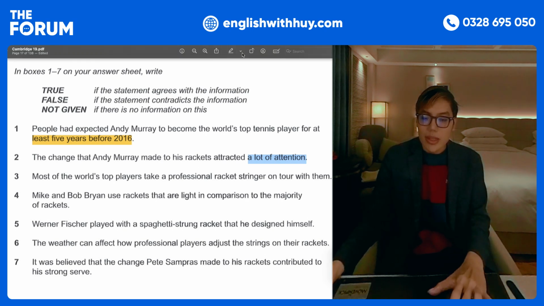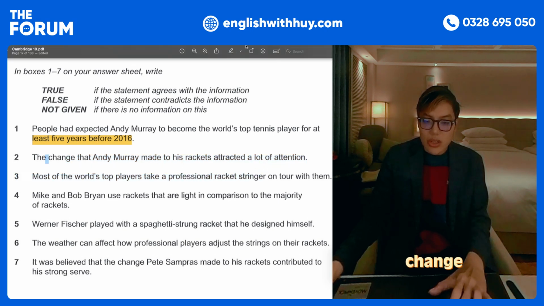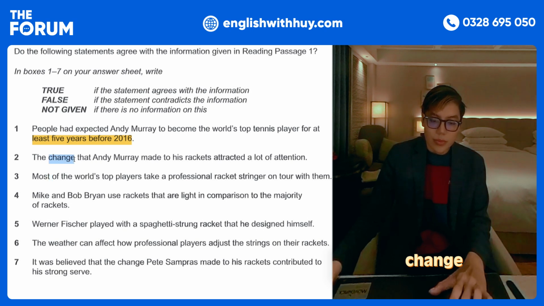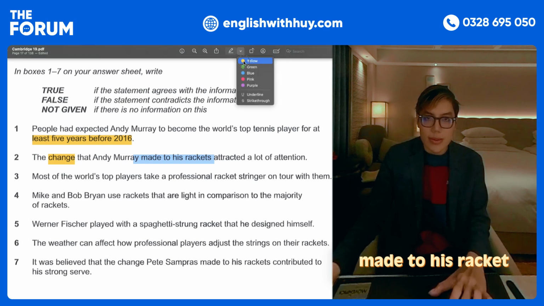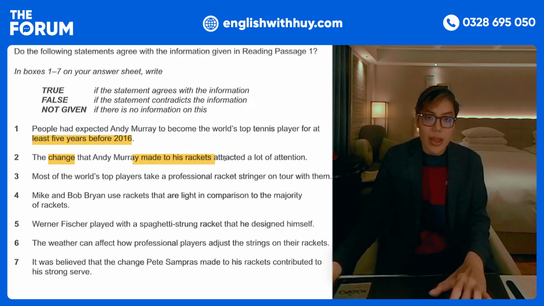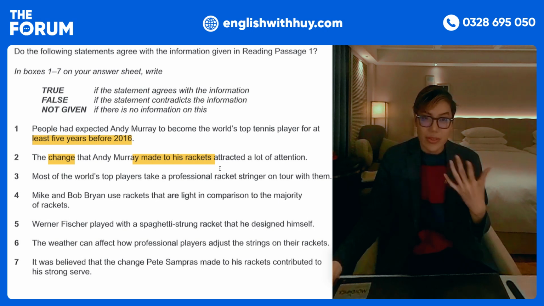So for me, in this sentence, I would pick out the word change and also made to his rackets to be my keywords. And I also understand that the location for the answer to the second question, if there is any answer at all, would be a little bit below the first one.